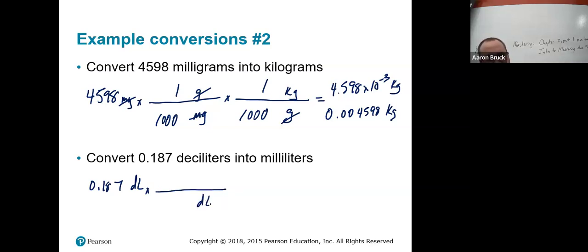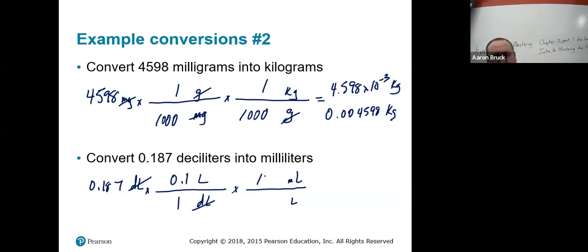So first I need to turn the deciliters into liters. There are 0.1 liters in every deciliter. You can also flip that around. One liter has 10 deciliters in it. And then on the flip side here, I want to turn liters into milliliters.